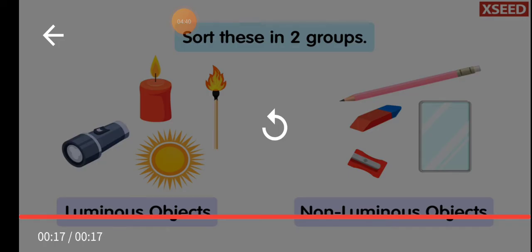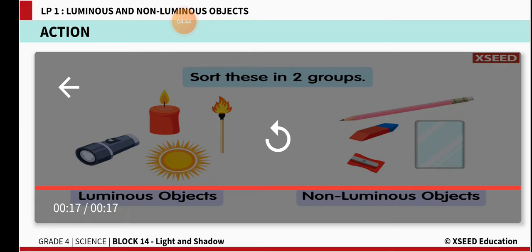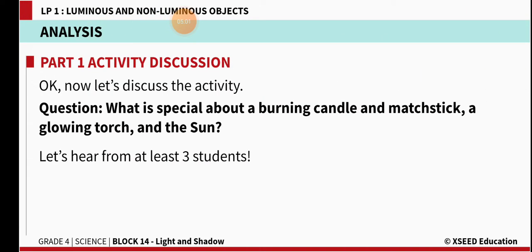So we can sort out the objects into two groups based on the light. The objects which give us light by their own are known as luminous objects. And the objects which cannot give the light are known as non-luminous objects.